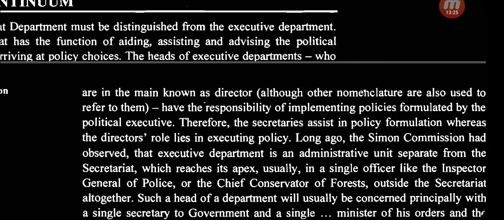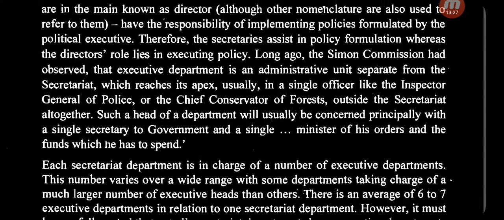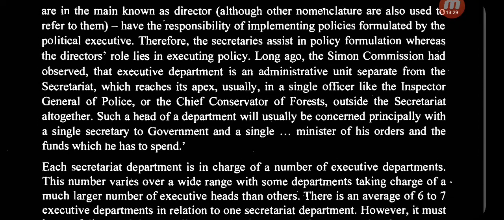The heads of executive departments, known as directors, although other nomenclature is also used to refer to them, have the responsibility of implementing policies formulated by the political executive. Therefore, the secretaries assist in policy formulation, whereas the director's role lies in executing policy.